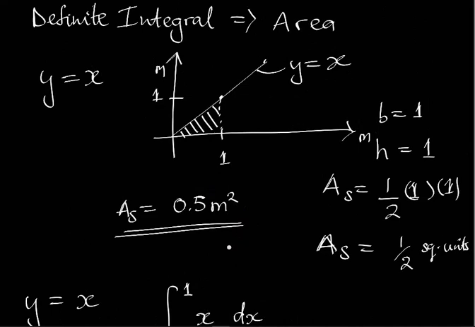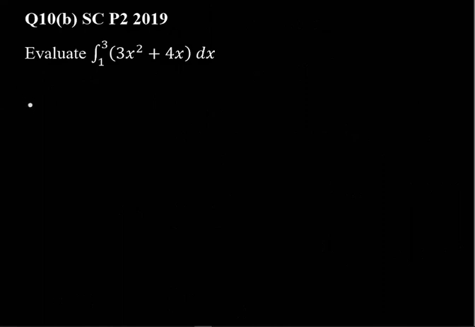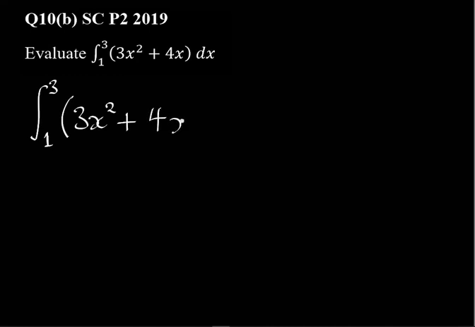Now let's look at some exam questions. We know this basic understanding and we can appreciate why we're being taught about definite integrals. Here we have a question. We've been asked to evaluate this integral here. So we copy it. We have 3x squared plus 4x.